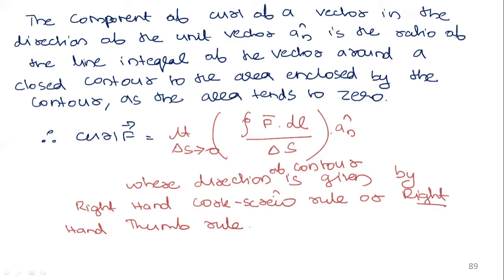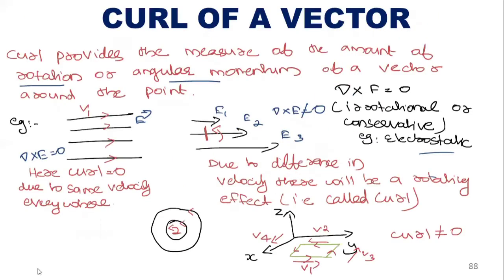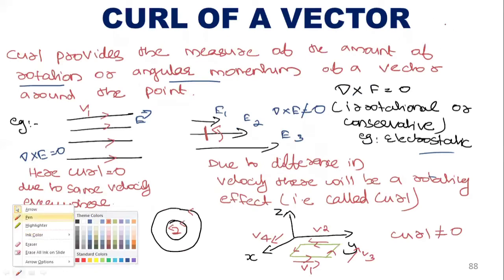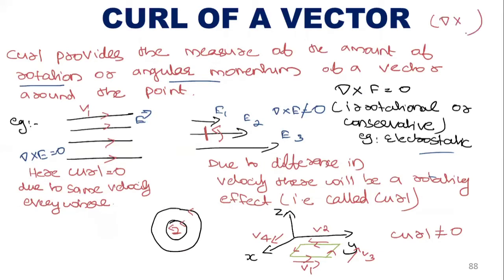So curl denotes the amount of rotation of the vector, and it is denoted by del cross F. All these things you should know. The vector field which you are considering need not be an electric field. We'll study about electric field in the next class.